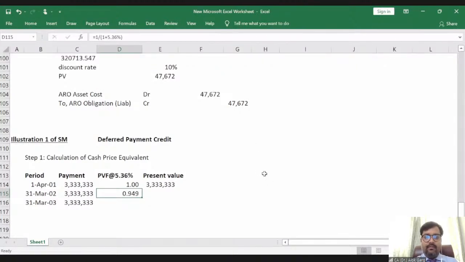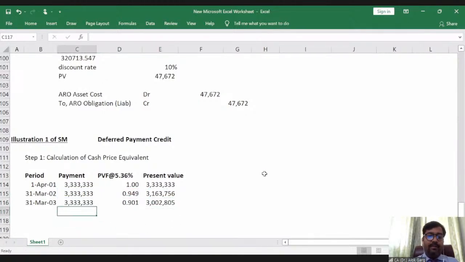And this divided by 1 plus 5.36% will give you the present value factor at the end of the second year. Clear? So what is my value? This multiplied by this, and this multiplied by this.